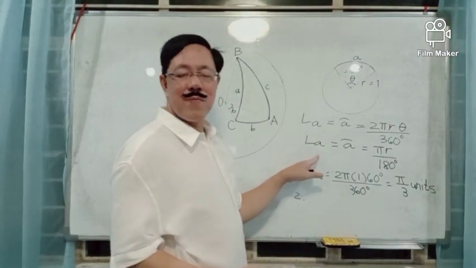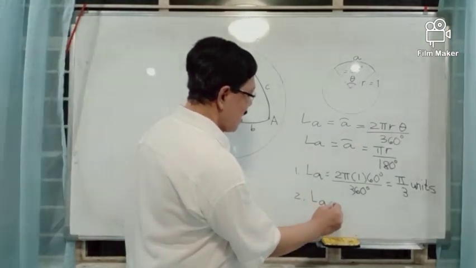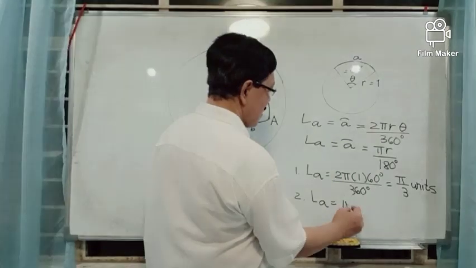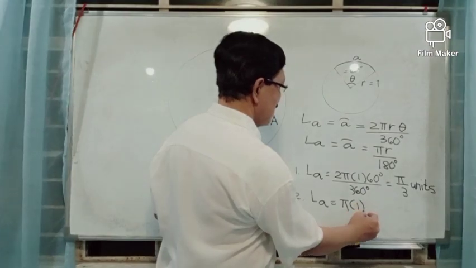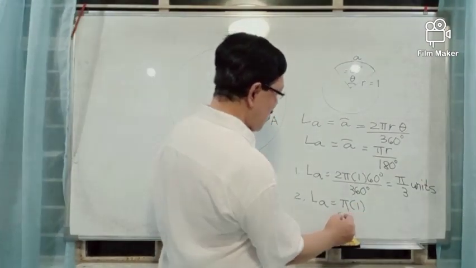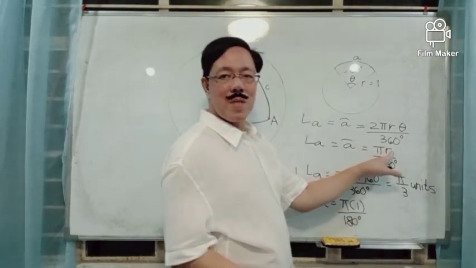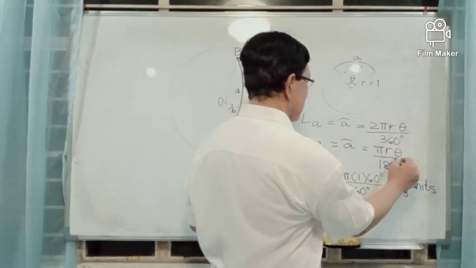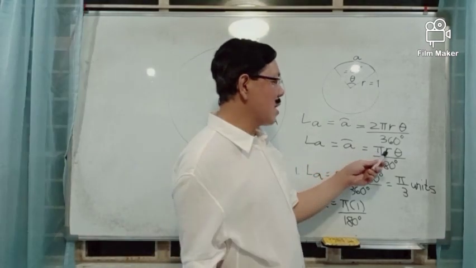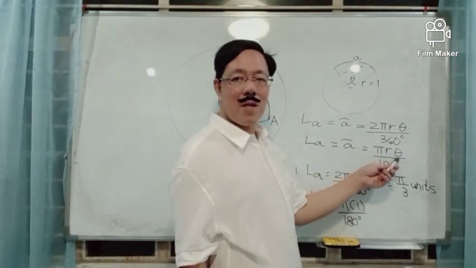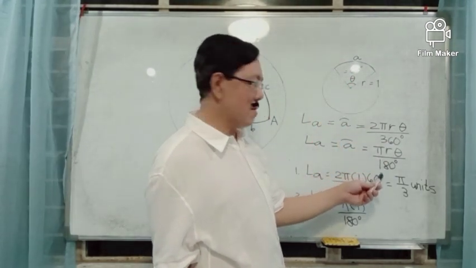Using the second formula for finding the length of arc, we have length of arc A equal to pi times the radius of the circle times the central angle theta subtended by the arc at the center of the circle, divided by 180 degrees.